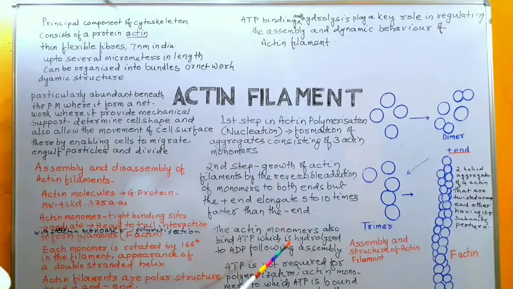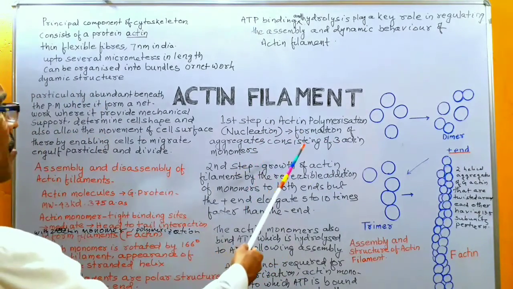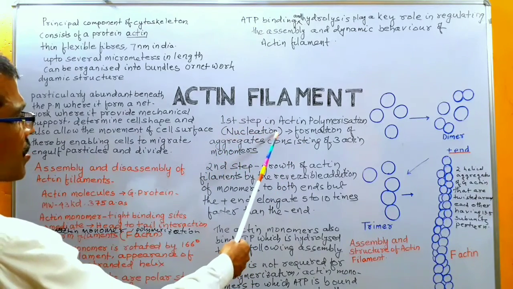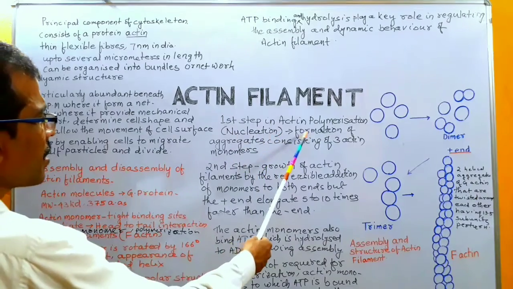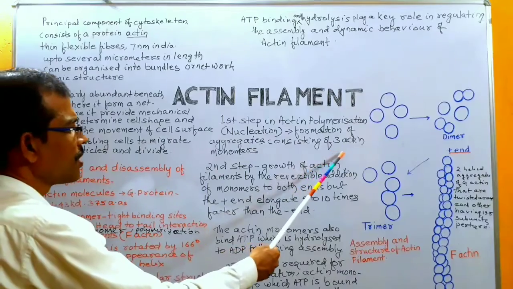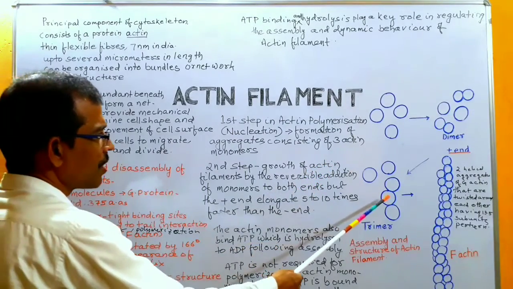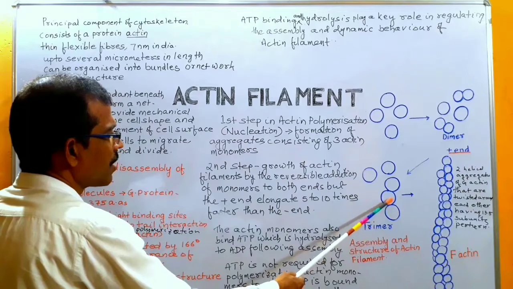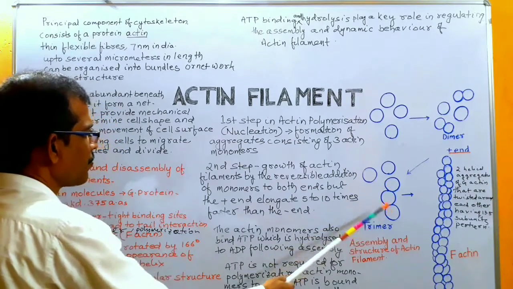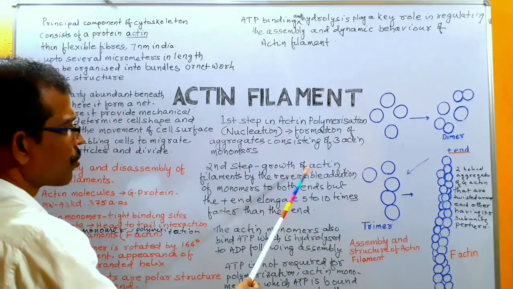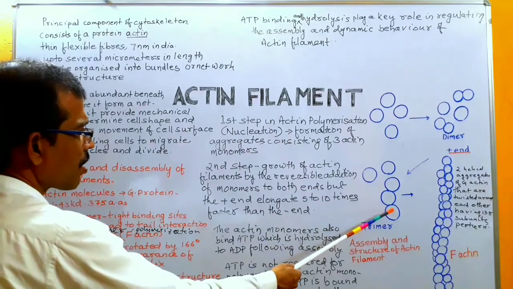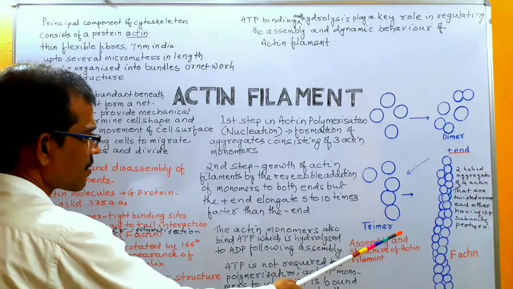So what are the steps in actin polymerization? First step is known as nucleation. Nucleation is the formation of aggregates consisting of three actin monomers. Second step is growth of the actin filament by the reversible addition of monomers to both ends.